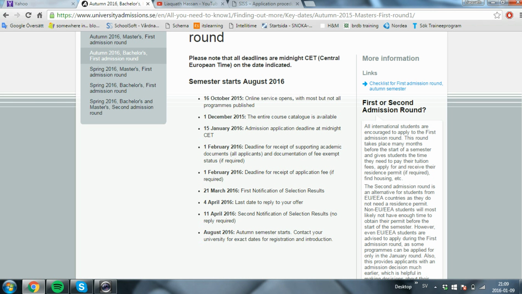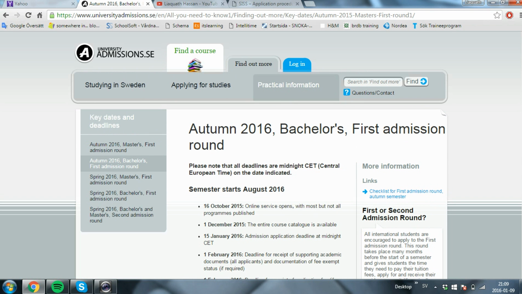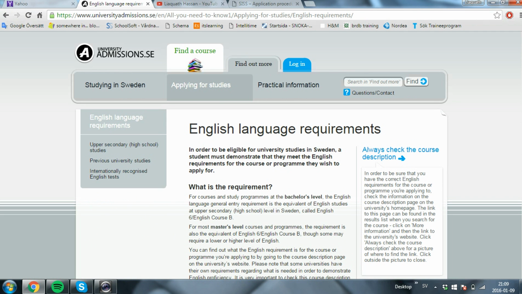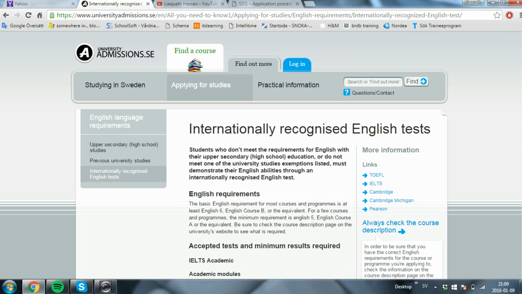One more important question that I get all the time, even today, is about the IELTS or English language test. Most people ask, I have IELTS 6, what shall I do? But as for the requirement for master study in Sweden, the English language requirement is an internationally recognized English test.